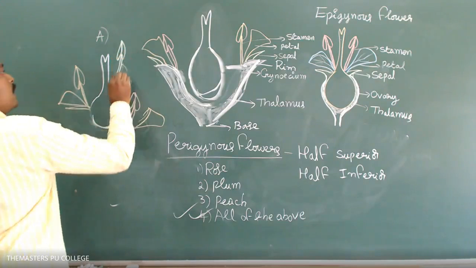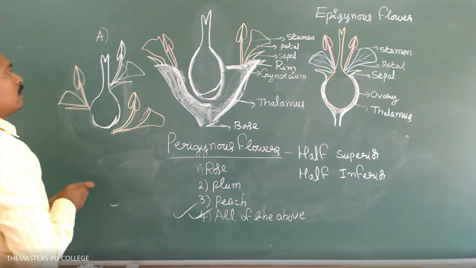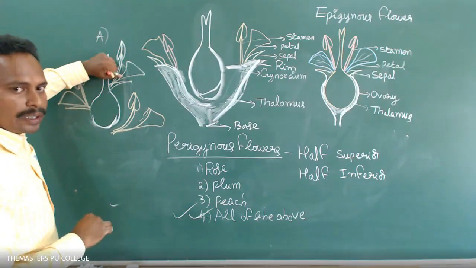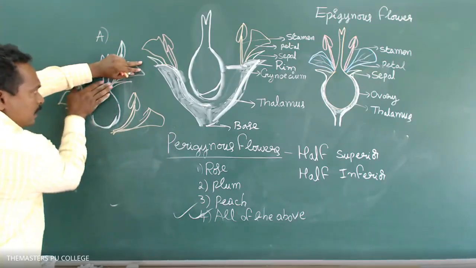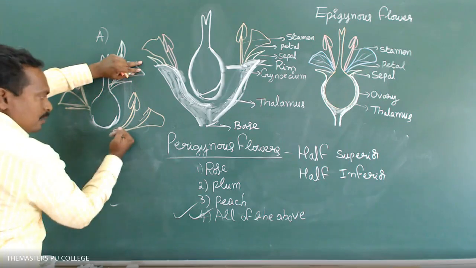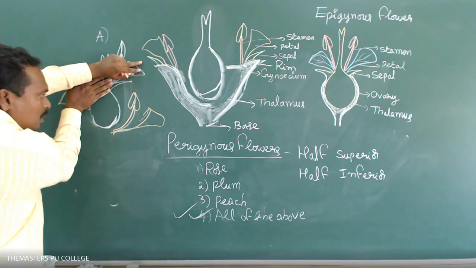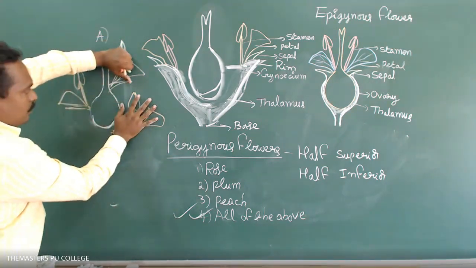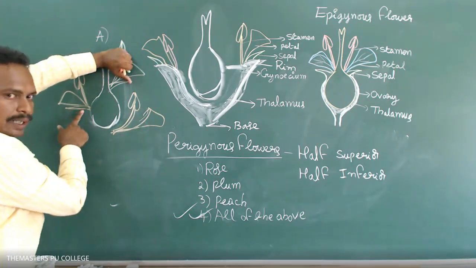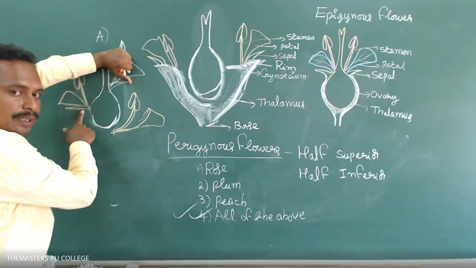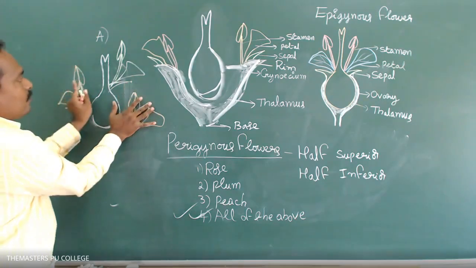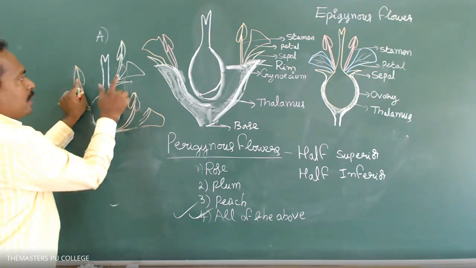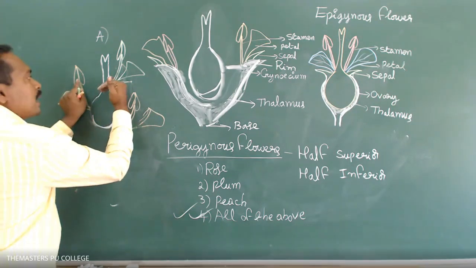If they are arranged from above the ovary, that is inferior. So in hypogynous flowers, the stamens and petals are arranged from below the ovary. In perigynous flowers, it is from the middle of the ovary, meaning half inferior, half superior. In epigynous flowers, the stamens, petals, and sepals are arranged above the ovary.